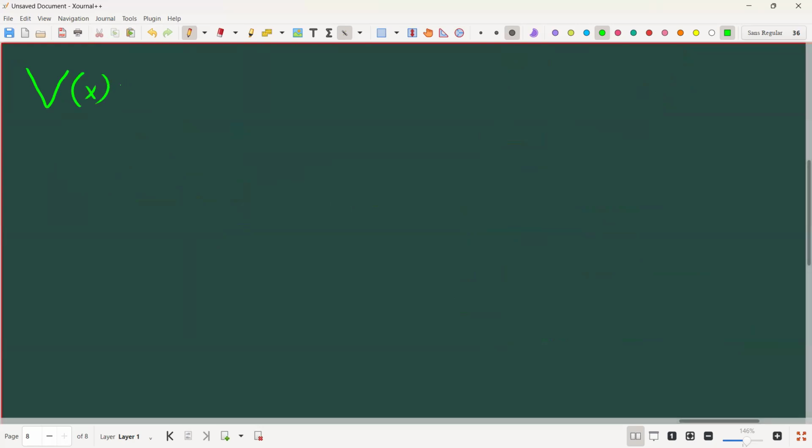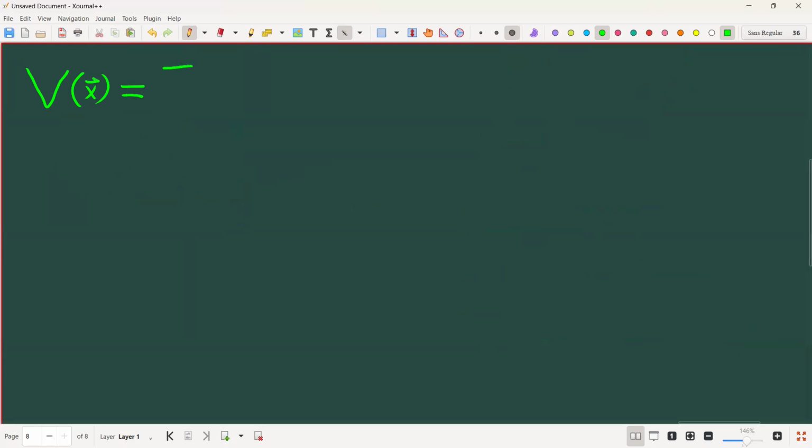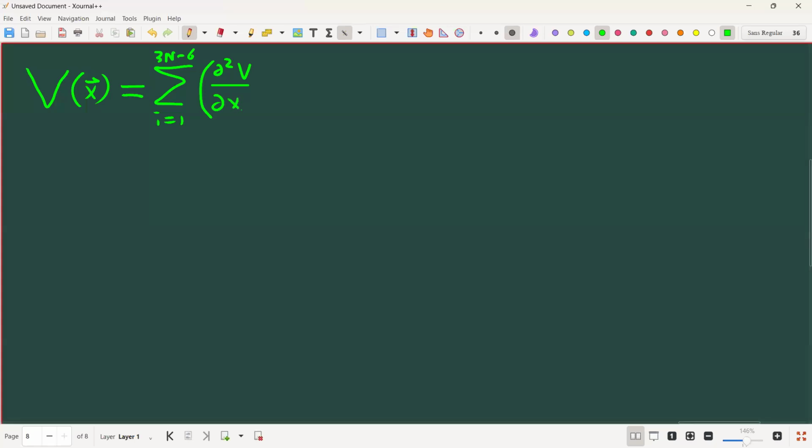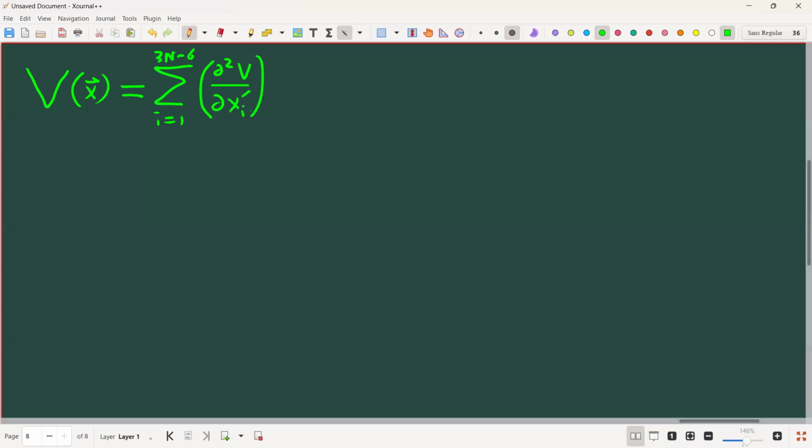All right, so how does the quantum mechanics work out now? Very simple. The potential now for our function is a sum from i equals 1 to 3n minus 6 of the second derivative of the potential with respect to these special coordinates.